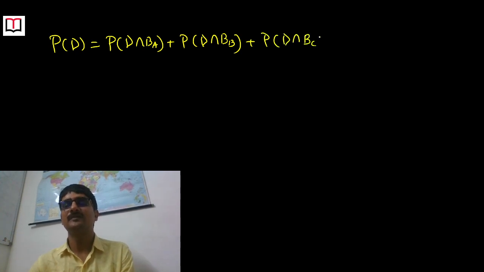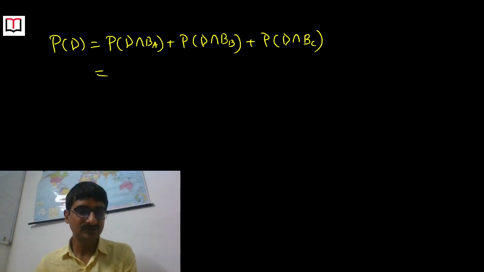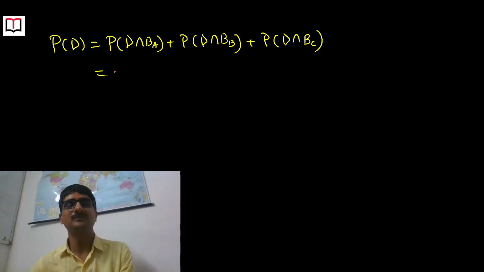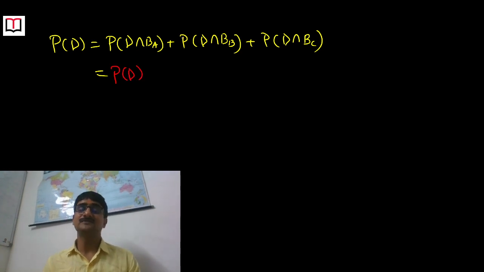Now just use the result which you already know. In such cases where you have to find the intersection and the events are in a sequence, you can't change the sequence.